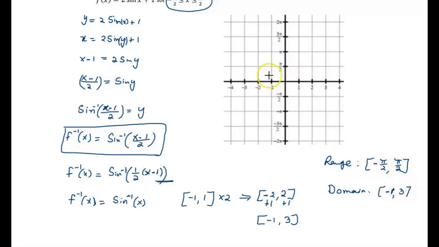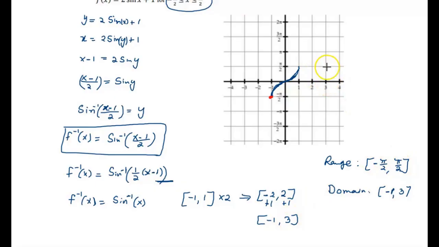Now let's see how to graph this. First of all, let's get the graph of sine inverse x. This is the graph of sine inverse x, and let us see how to get the graph of the transformed equation. We have the domain from -1 to 3. That means the left endpoint would be -1 and the right endpoint would be 3. The endpoints would be -1 at -π/2 and 3 at π/2.